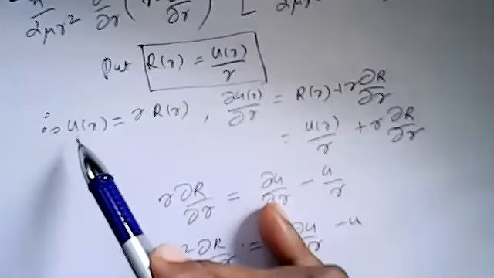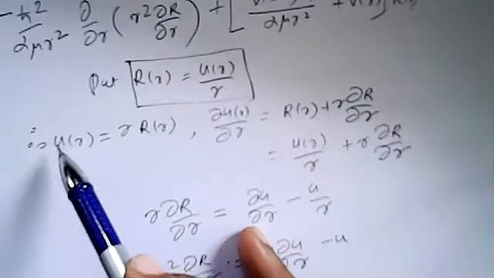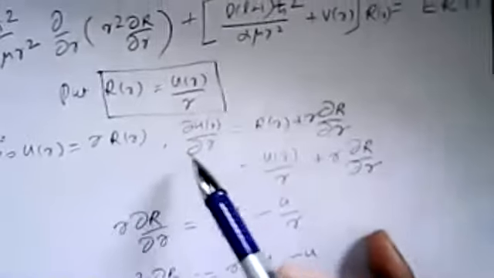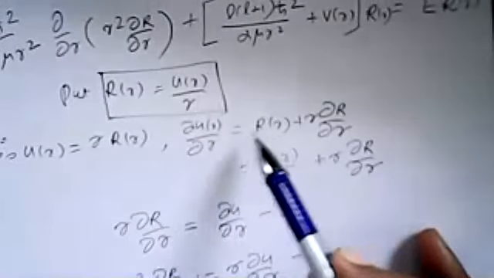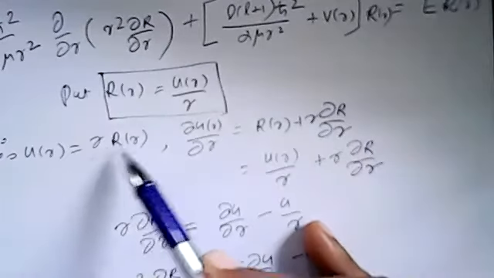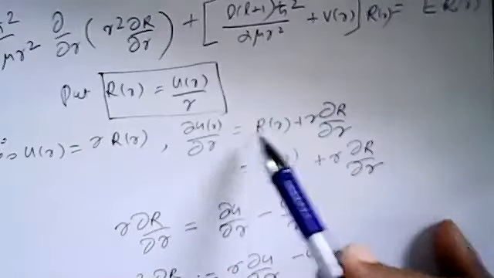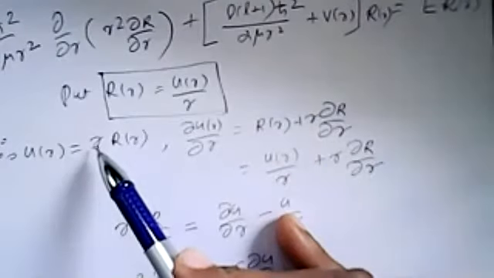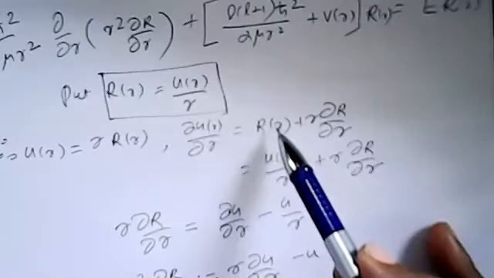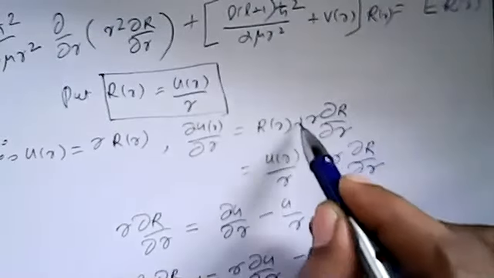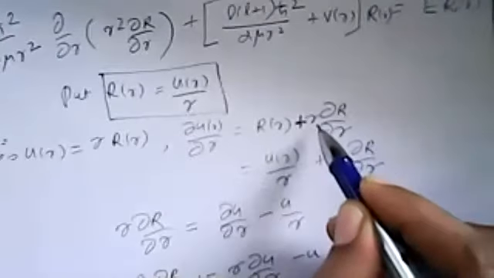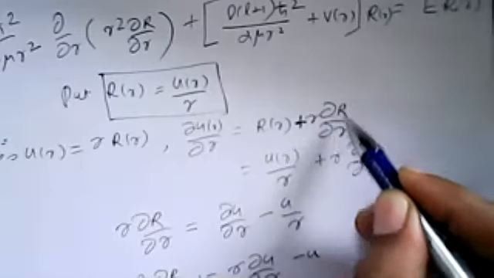Now you differentiate this equation. You find dou u by dou r, so that you can separately differentiate r and capital R. Differentiating small r gives 1, so capital R remains here, plus small r remains here, dou capital R by dou r.